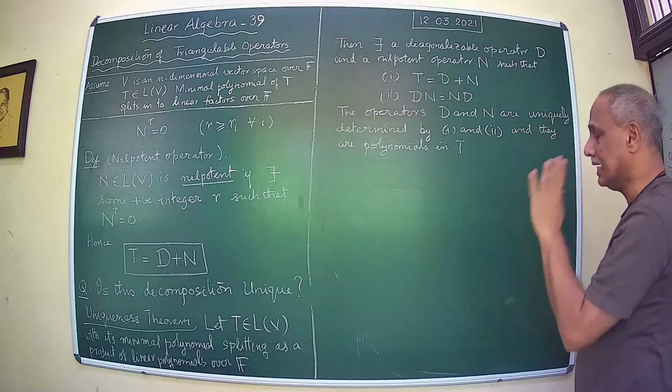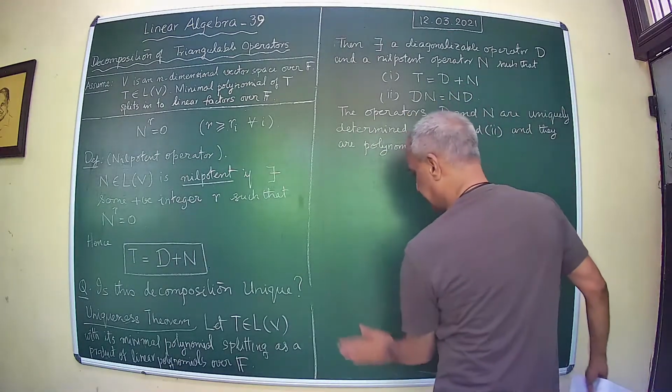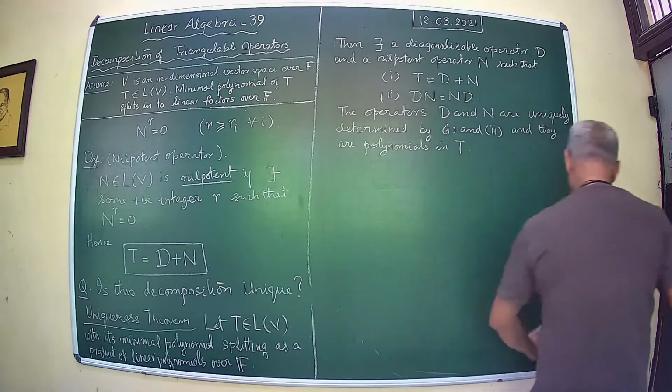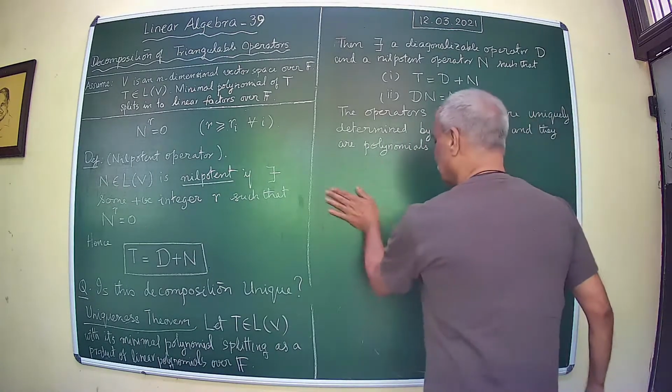The reason is that D is a polynomial in T, N is a polynomial in T, therefore they commute.